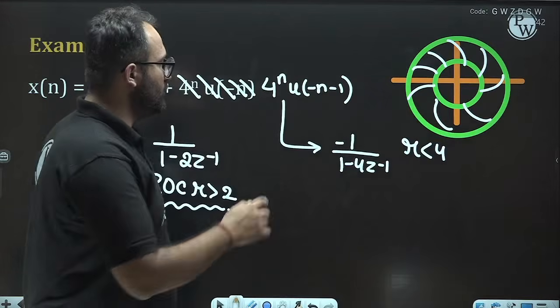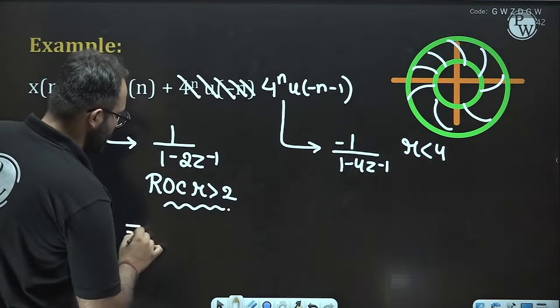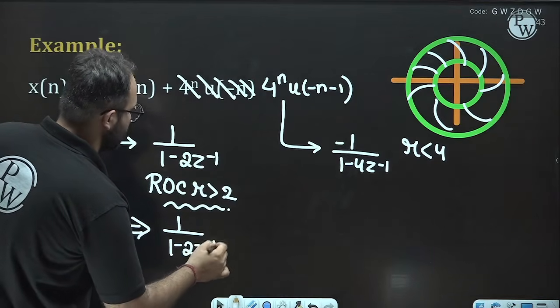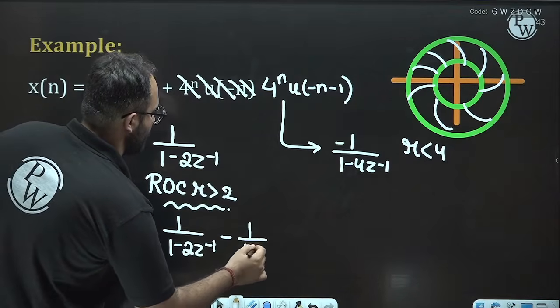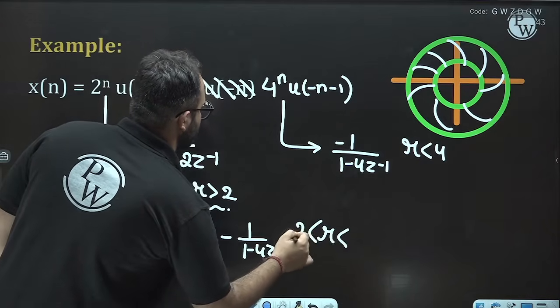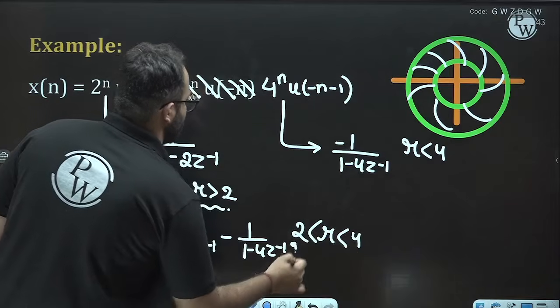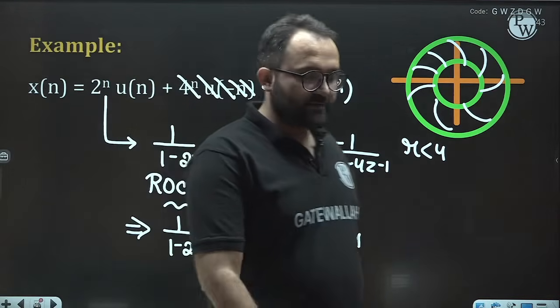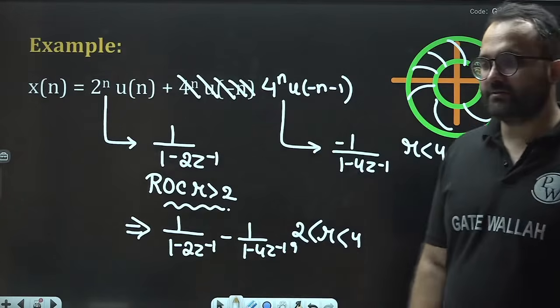The inside circle is of radius 2, the outside circle is of radius 4. So the Z transform will be 1 upon 1 minus 2 z inverse, and the ROC is between 2 and 4. This is the point that we have to remember.